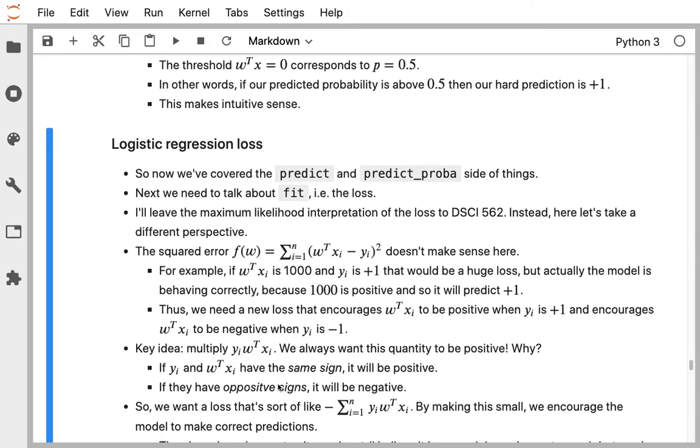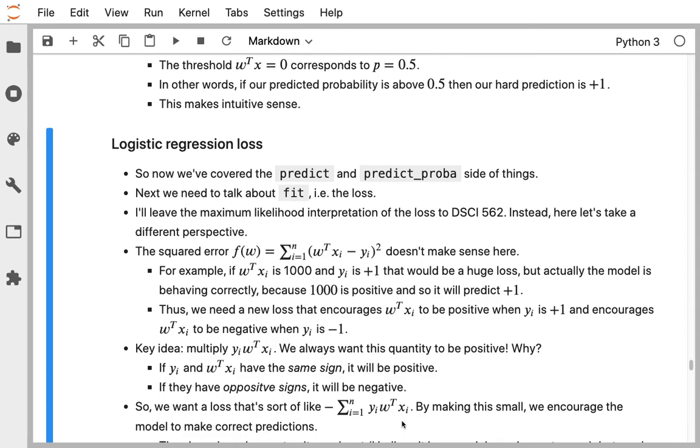So we want a loss sort of like this. This is not the real loss, but conceptually we want a loss that says, let's go over all training examples as usual, but let's put a minus sign here, because by convention we're always minimizing the loss. Minimizing something negative is the same as maximizing this.